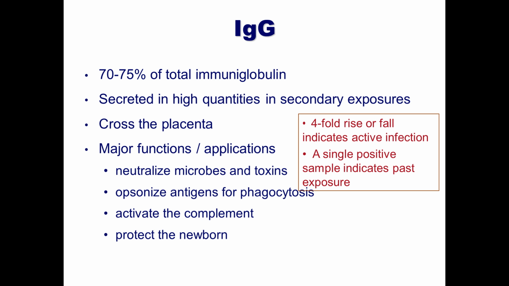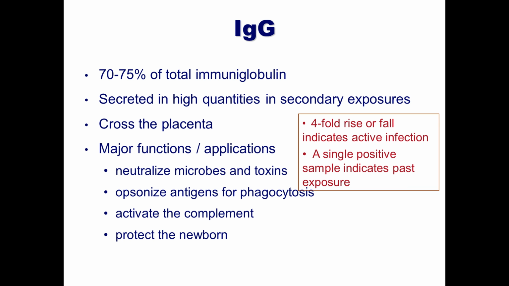So first is IgG. IgG makes up 70 to 75% of total immunoglobulin and is secreted in high quantities in secondary exposure.